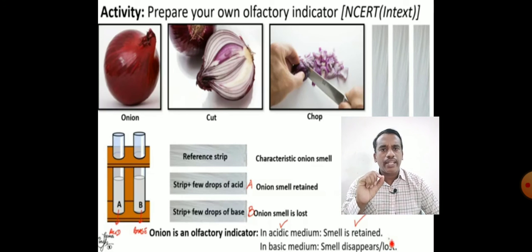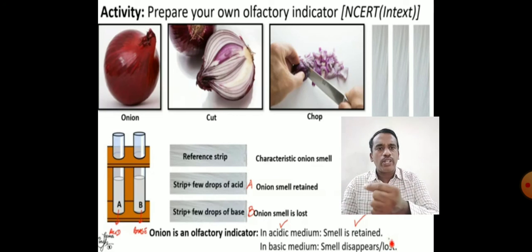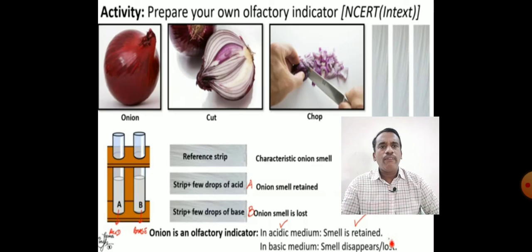In test tube B, I have taken a basic compound. I am going to take a dropper and place 2 drops from test tube A onto the second cloth strip. If you get the same smell of onion, it indicates the substance in A is an acidic substance.